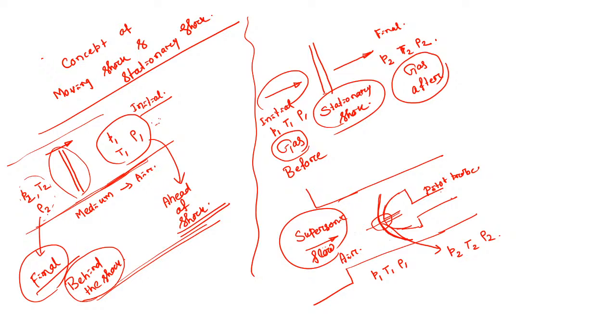Another point I would like to mention is that across this shock wave there is a total pressure drop. Total pressure drop means there is always an increase in the entropy. This point I tried to emphasize in this forum question answer session.